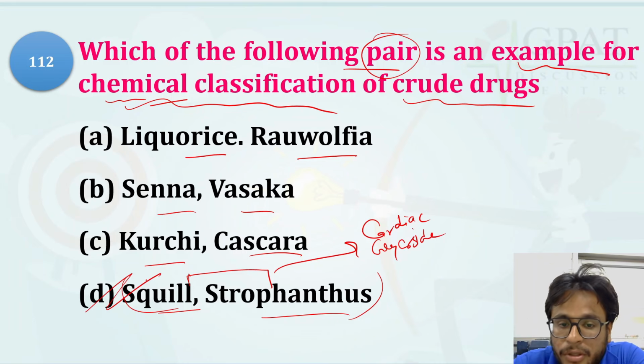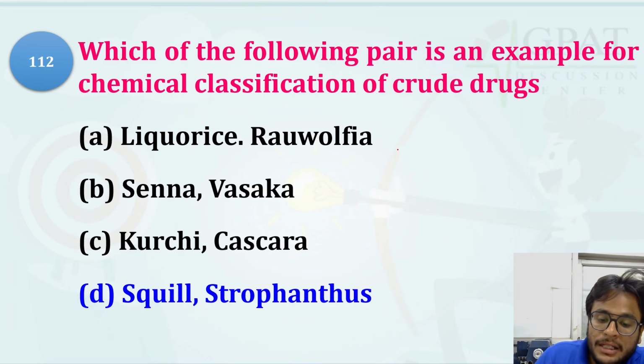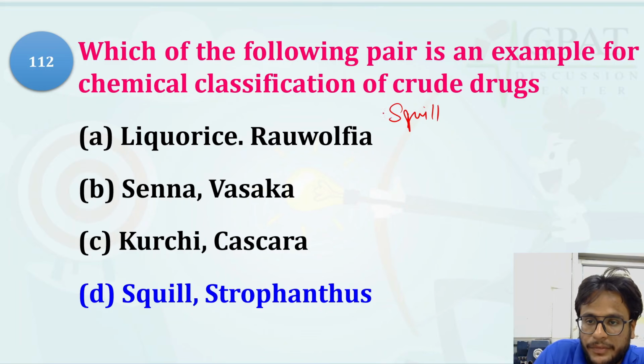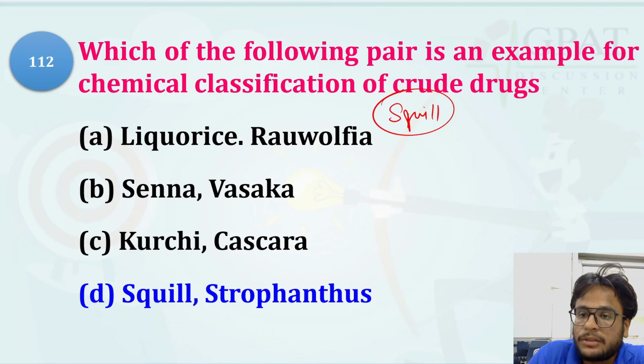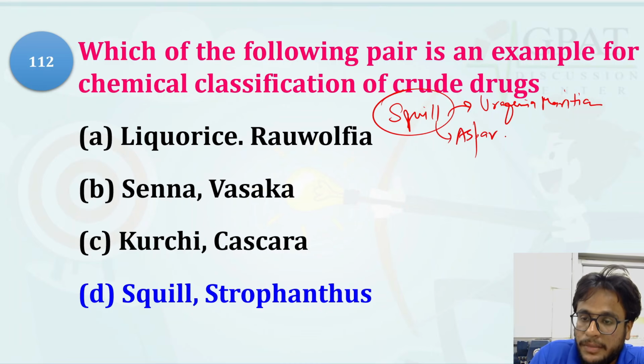Let's discuss some other important points related to squill and Strophanthus. The squill is mainly obtained from the biological source Urginea maritima. It belongs to the family Asparagaceae.